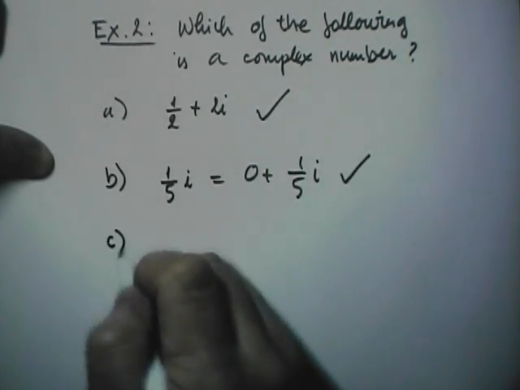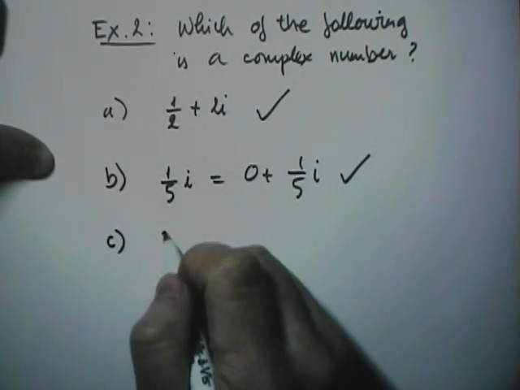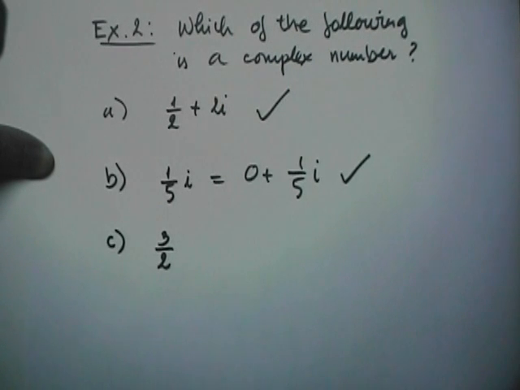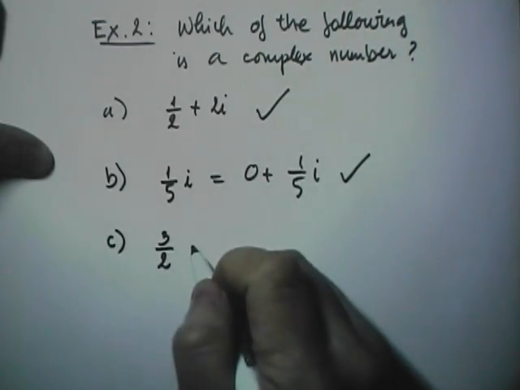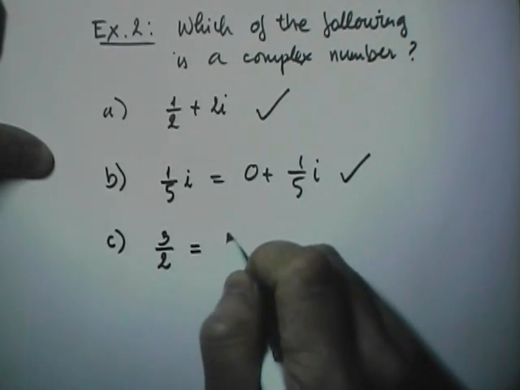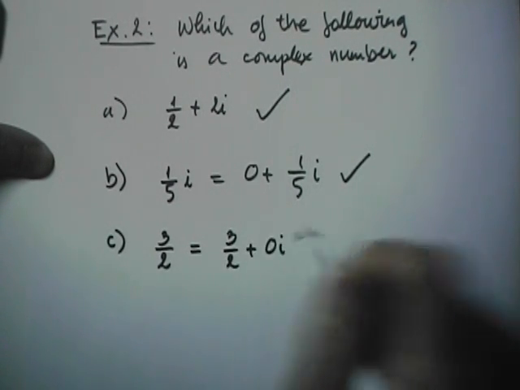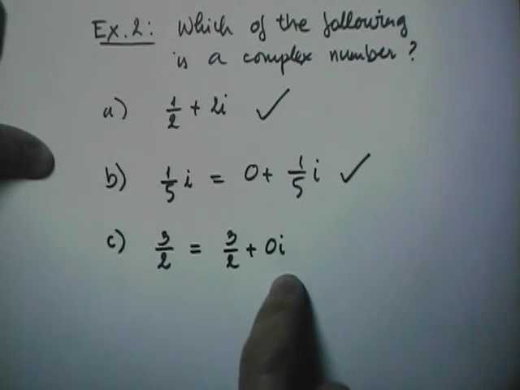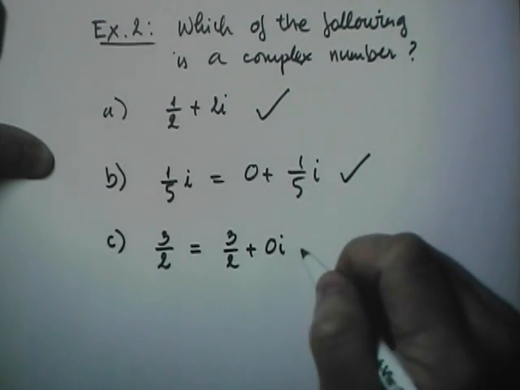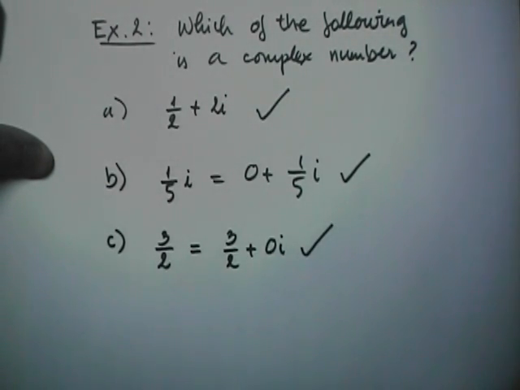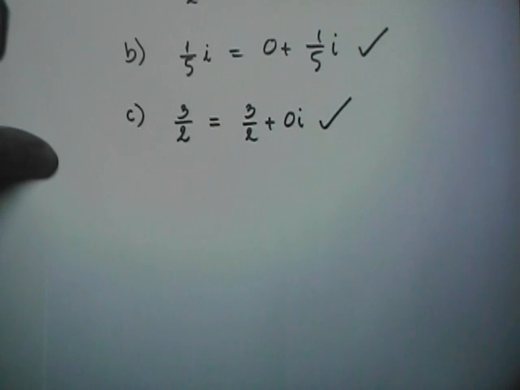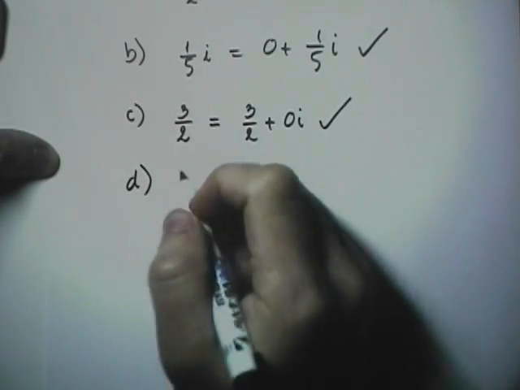How about the next one? We have simply 3/2 here. You don't see the imaginary component anywhere. But once again, the trick is you can write the number 3/2 as 3/2 plus 0i. And so at this point you're seeing that it is also a complex number.